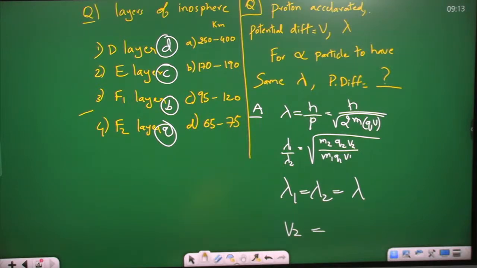Right, you get v by 8. So, we finally get v by 8.